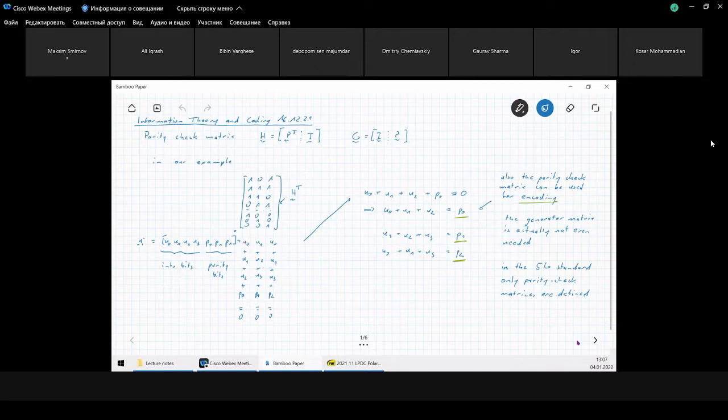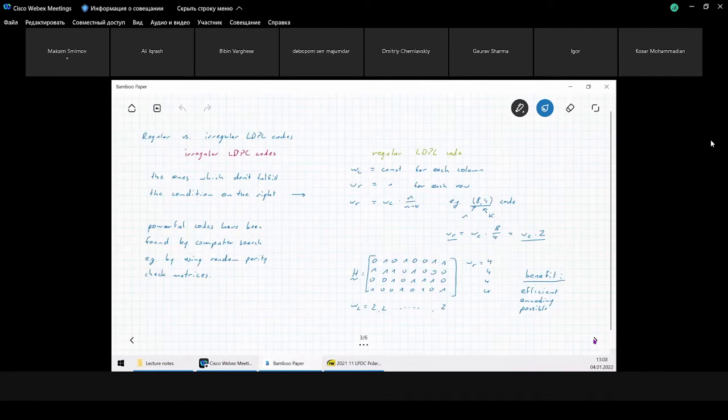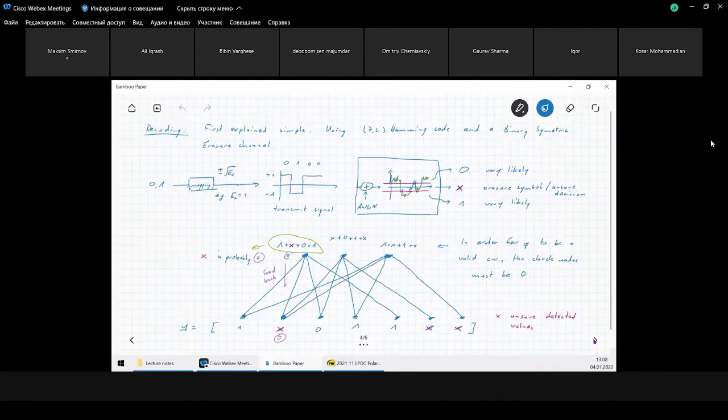And this is exactly what is illustrated in this kind of Tanner diagram. So our first check bit or syndrome bit, what contributes to it is the first information bit, second information bit, third information bit, and the first parity bit. So this is just a graphical representation of the equations described by the parity check matrix.